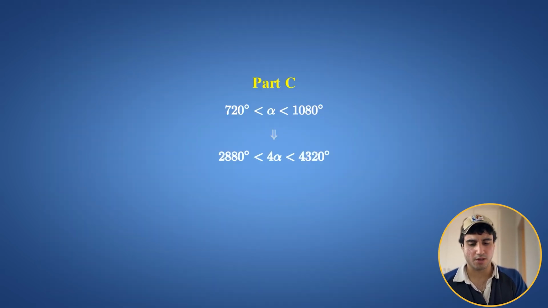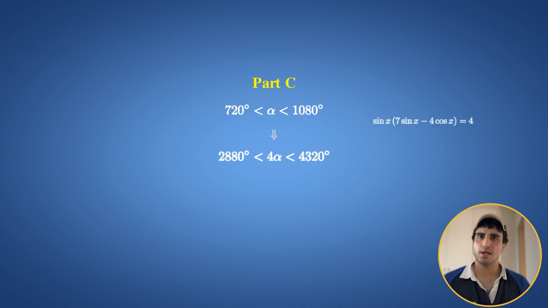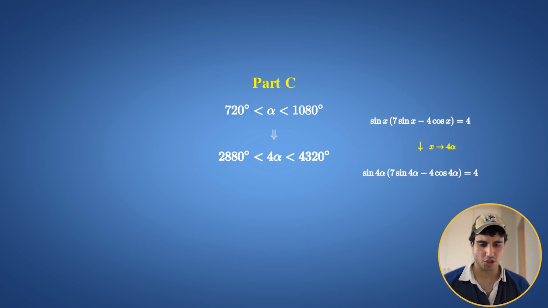Before, we had to solve between 0 and 360, and now alpha is between 720 and 1080. What does that mean for us? Well, 4 alpha is going to be between 2880 and 4320. So really it's the same equation, but the angles have changed.